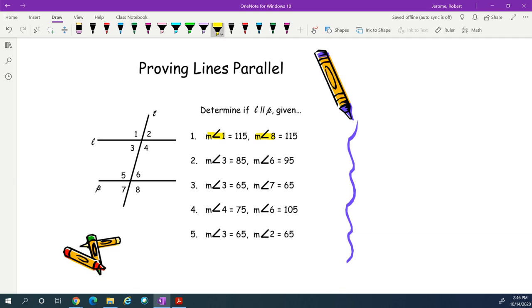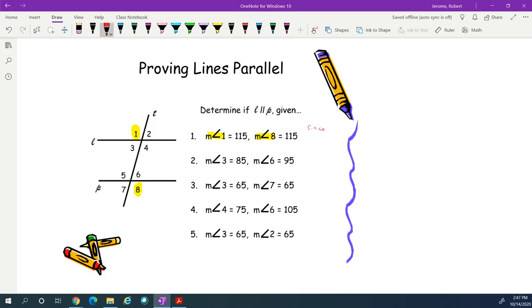We're going to find the angles 1 and 8. So here's 1 and here's 8. Those are exterior angles. Those exterior angles are congruent, which means the lines are parallel.